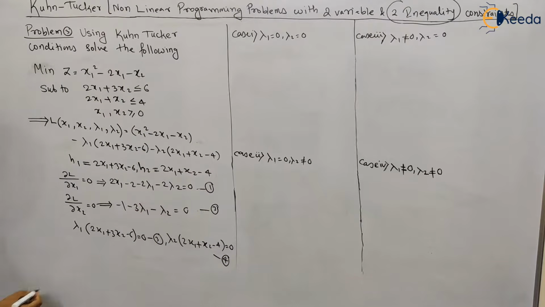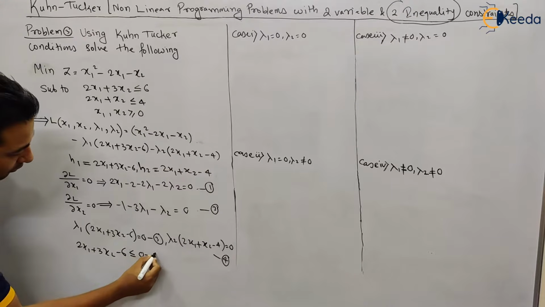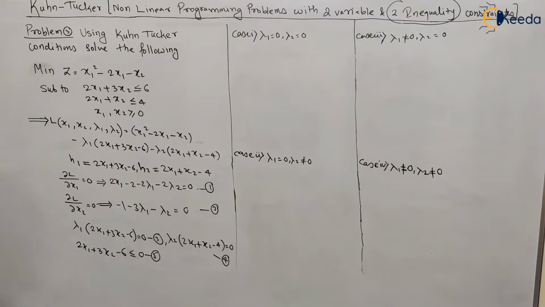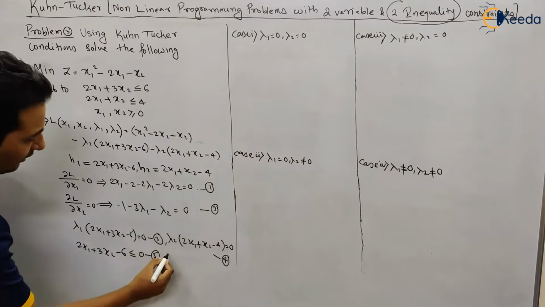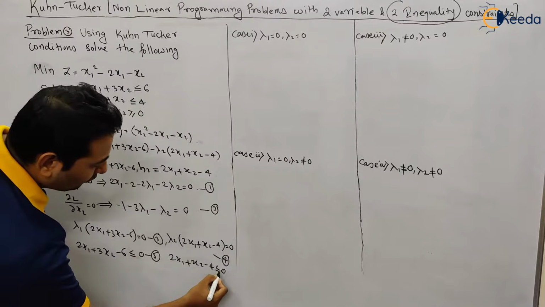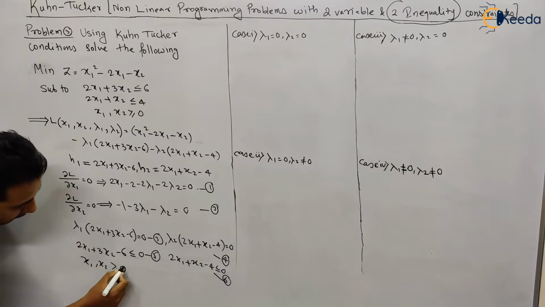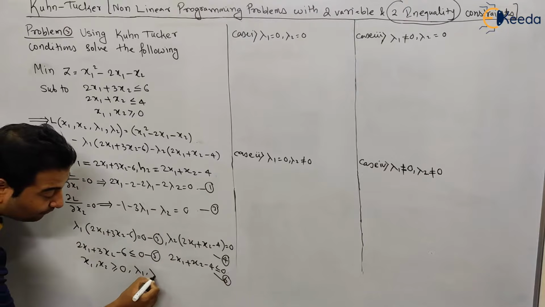Next, the constraint less than equal to 0, 2x1 plus 3x2 minus 6 less than equal to 0. Next, the second constraint less than equal to 0, that is 2x1 plus x2 minus 4 less than equal to 0. And finally x1, x2 greater than equal to 0, lambda 1, lambda 2.